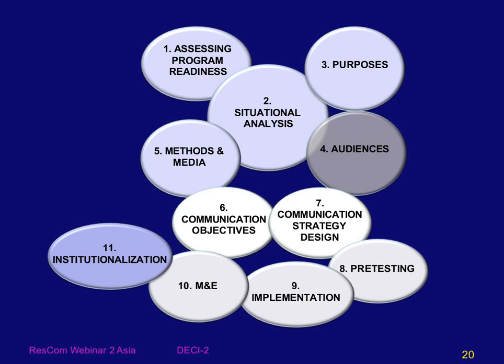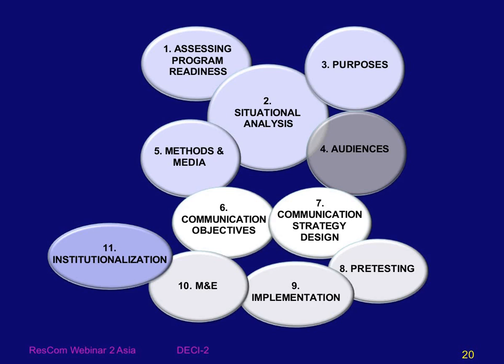So we are actually talking about communications objectives, which you can see on slide 20 as step 6. Define it based on the purpose, audience, and methods and media. These three important things build communication objectives.